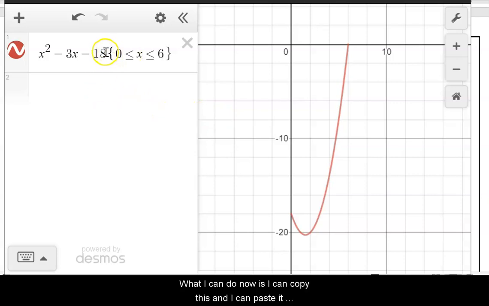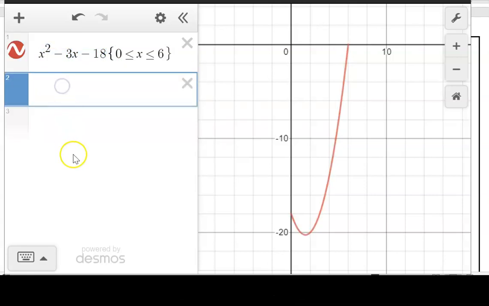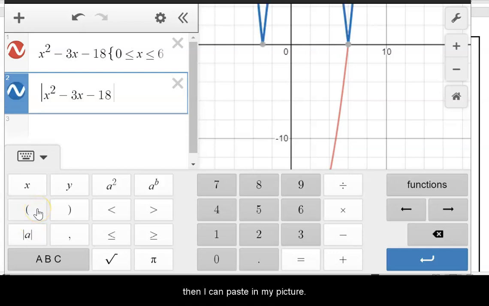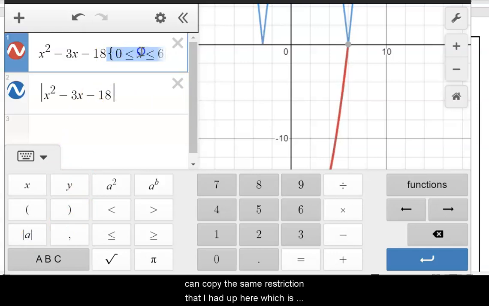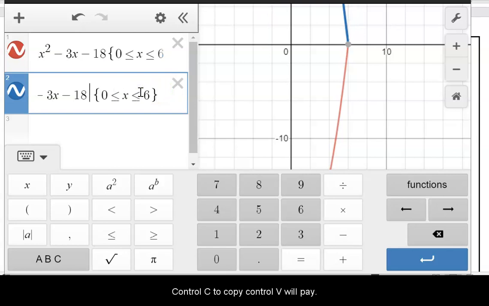What I can do now is copy this and paste it into the equation below by copying it with Control C. I can enter the absolute value symbols and then paste in my function. I can also close up that symbol, and then copy the same restriction that I had up here, which is that x goes between 0 and 6. Control C will copy, Control V will paste.